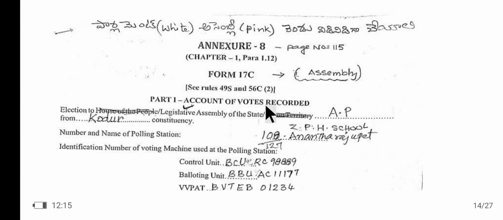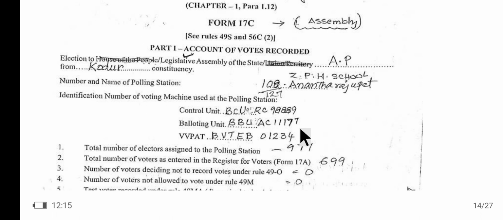So let us now look at Part 1 of Annexure 8, Form 17C. This is the account of voters recorded. Look at the sample data filled in and, with your required relevant information, fill accordingly.